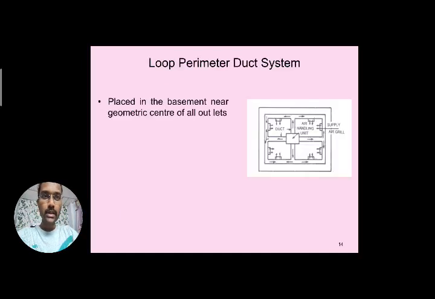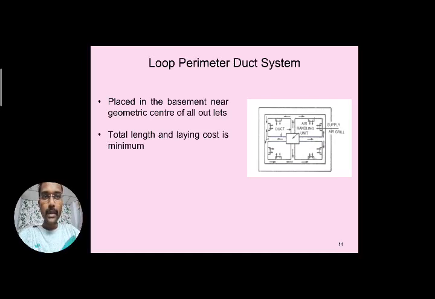Now coming to the explanation here. Placed in the basement, near the geometric center of all the outlets. So it is placed at the basement of a building, or whatever the center is, so you can supply to all the outlets.